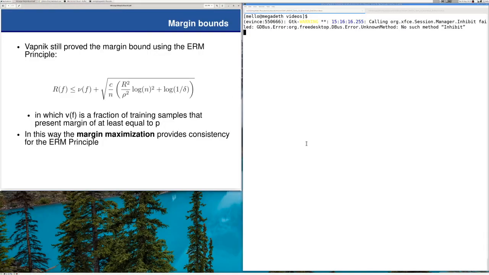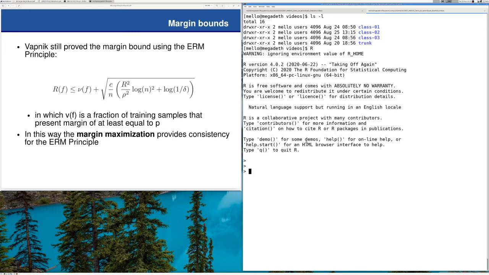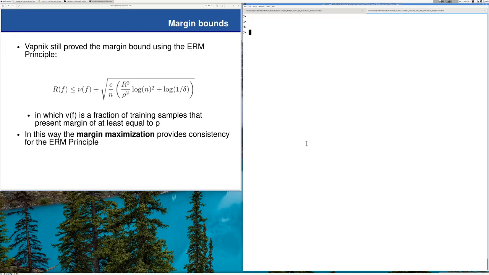Just to have an idea, if I go back and open R over here, let's suppose I have R equal to 1 to the power of 2 divided by some rho, and rho is almost 1 to the power of 2, times this, of course, times my log of n to the power of 2.